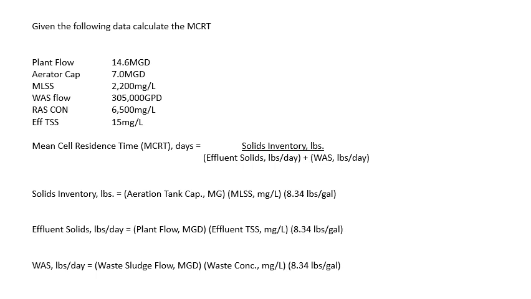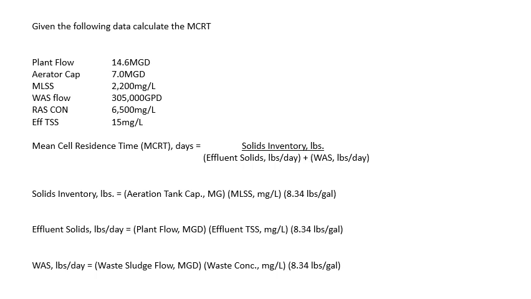And our WAS, pounds per day, is your waste sludge flow in million gallons per day times the waste concentration in milligrams per liter times 8.34 pounds per gallon. Having these formulas broken out individually should make it easier to take our six variables and plug them into each formula. All right, so the next step is to plug everything into the formulas.